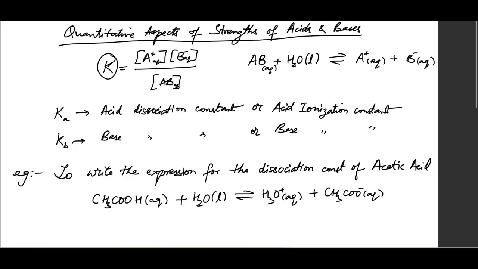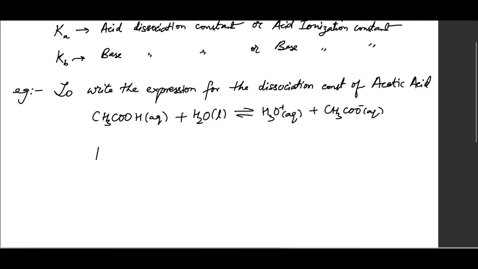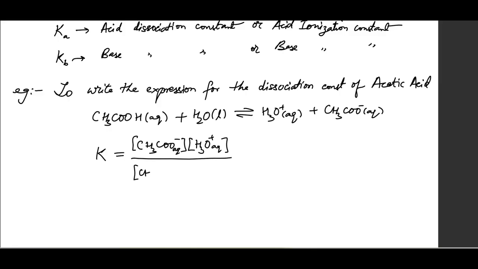We already discussed this. Now, instead of writing K, we can directly write Ka, or if you want to arrive at the expression, let's start with K. Considering CH3COOH as the electrolyte, in this case a weak electrolyte, the ionization constant K is the concentration of products, CH3COO minus aqueous multiplied by H3O plus aqueous, divided by the concentration of reactants, CH3COOH aqueous and H2O liquid.